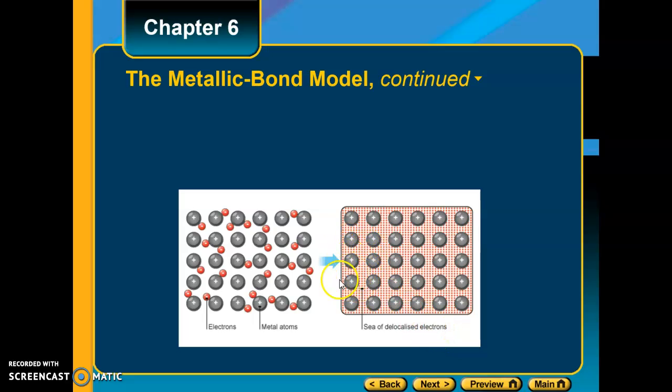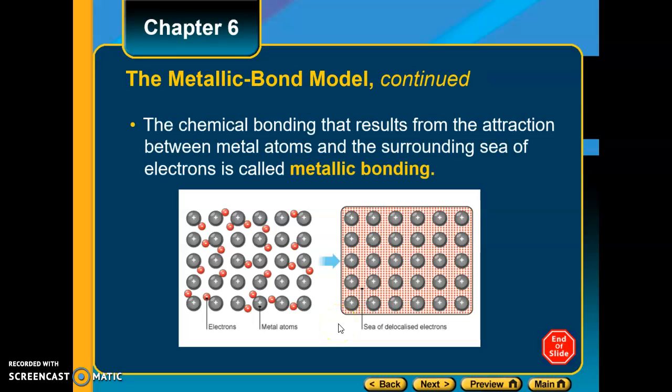But then all of these outer electrons are free to move within these vacant orbitals. And so these electrons don't stay attached to their own atom, but they are free to move towards others. That's essentially what metallic bonding is.